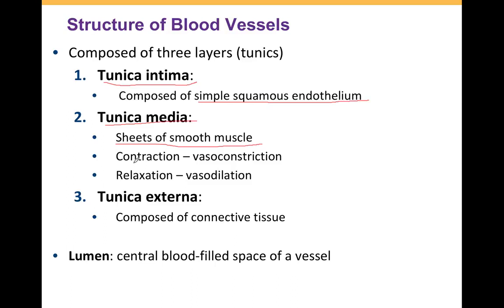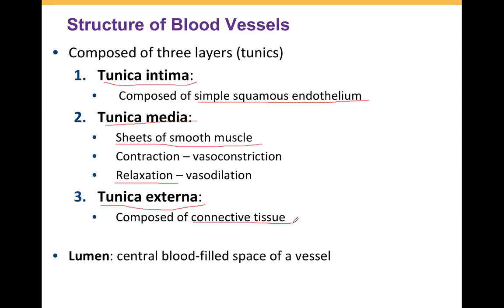And a major function associated with them is vasoconstriction, which basically means blood vessels constricting, getting smaller in their diameter, or vasodilation, which causes the relaxation of these smooth muscles, opening up the blood vessels. Lastly, what we have is tunica externa. Again, as the name implies, externa means outside. So this layer is composed of connective tissue that is wrapped around the whole blood vessel and basically securing the blood vessel.